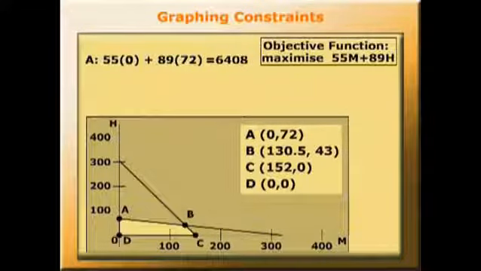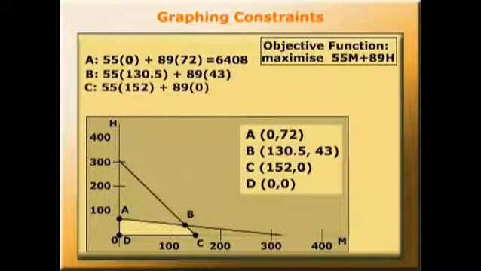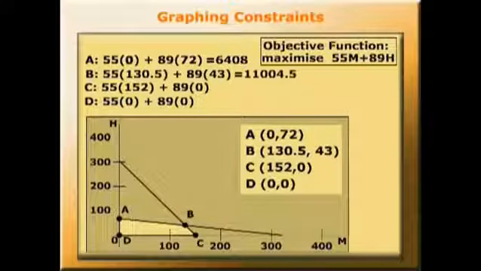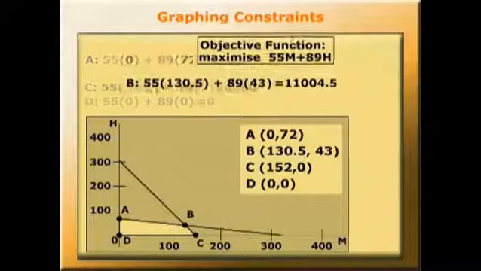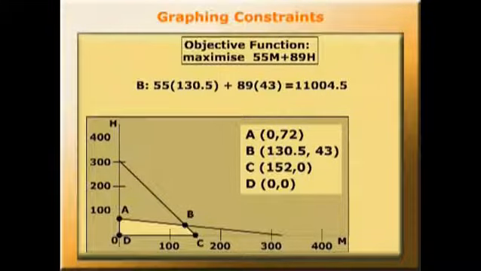We could now perform the same task for points B, C, and D, and for point B, the profits are 11,004.5, for point C, 8,360, and for point D, 0. So we've established that point B represents the maximum profit.